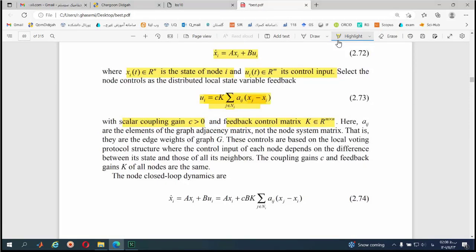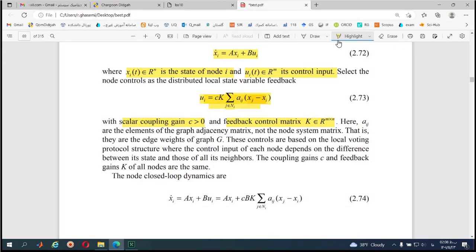We have xi dot equal to A xi plus B ui, equal to A xi plus c B K sigma, this sigma.